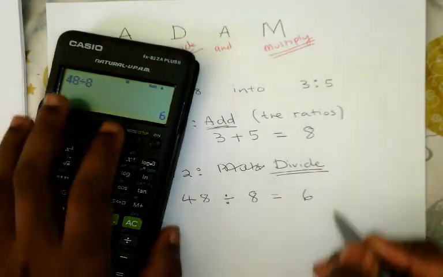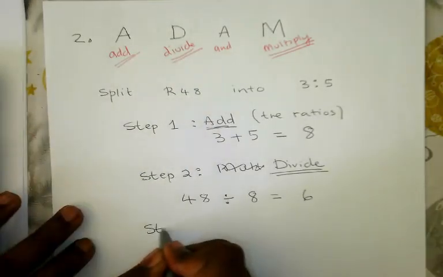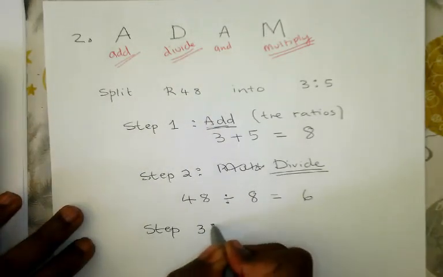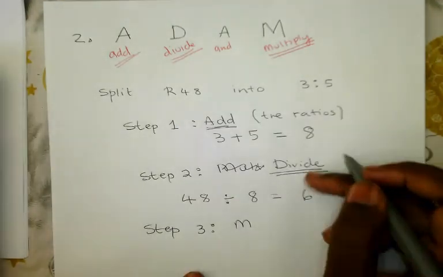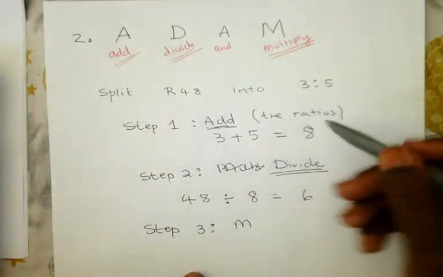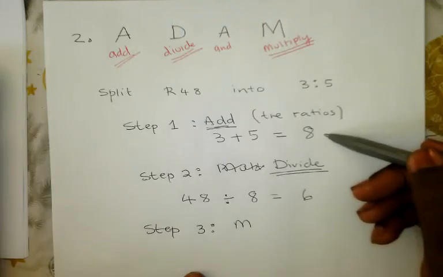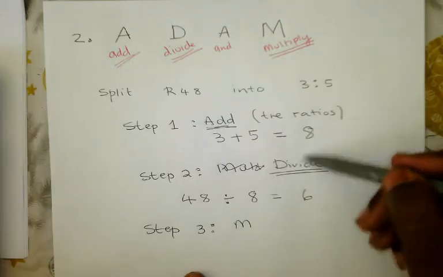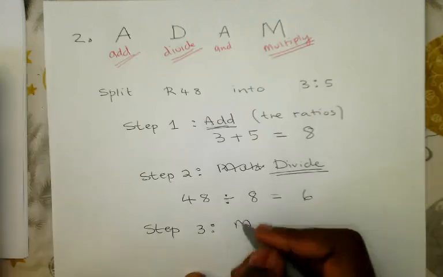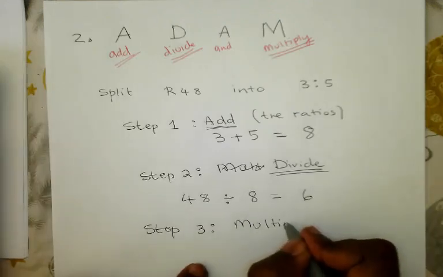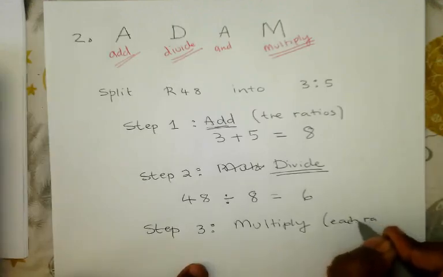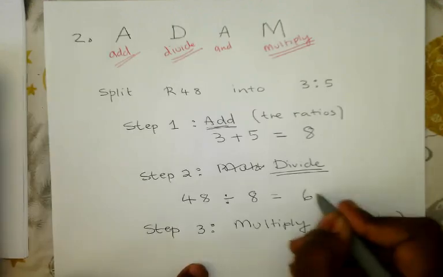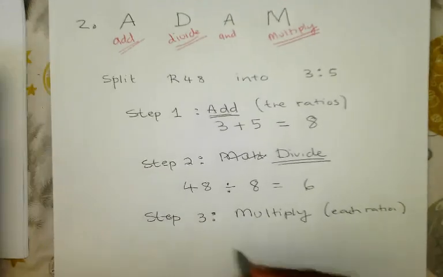In step 3, the last step is to multiply. You multiply each ratio by the number you got here. So the first ratio is 3, 3 times 6.